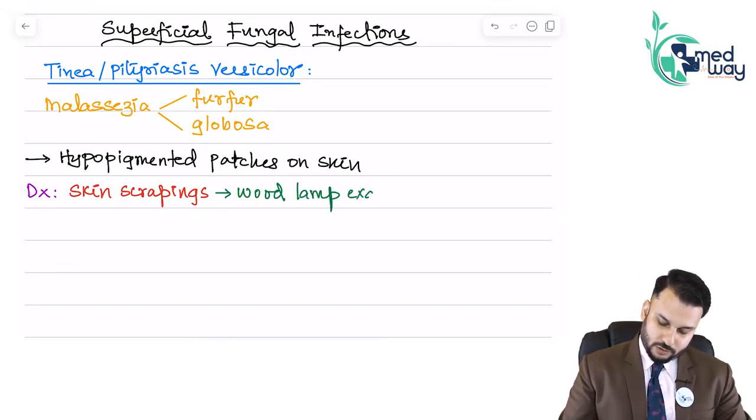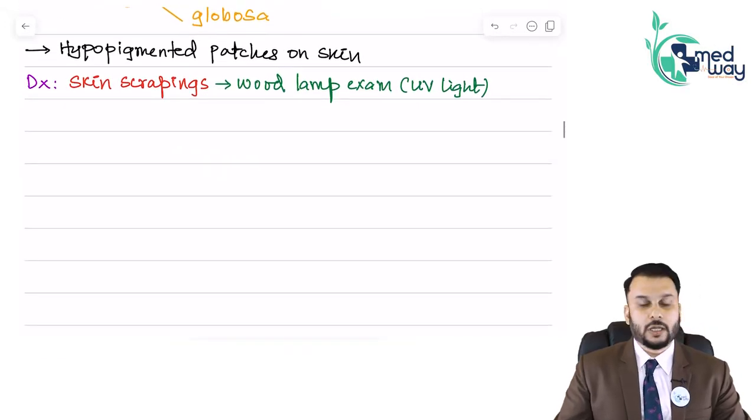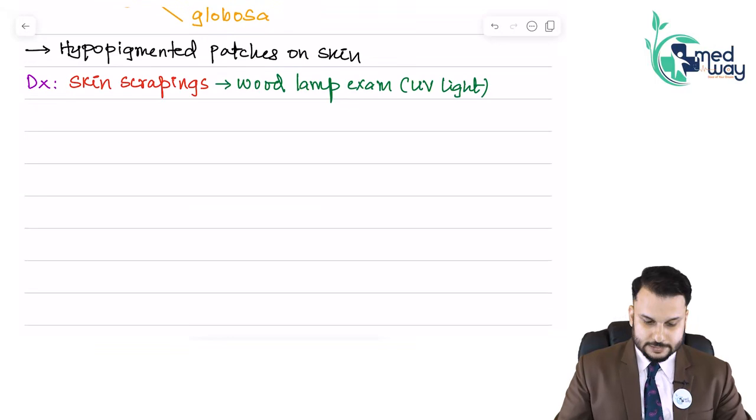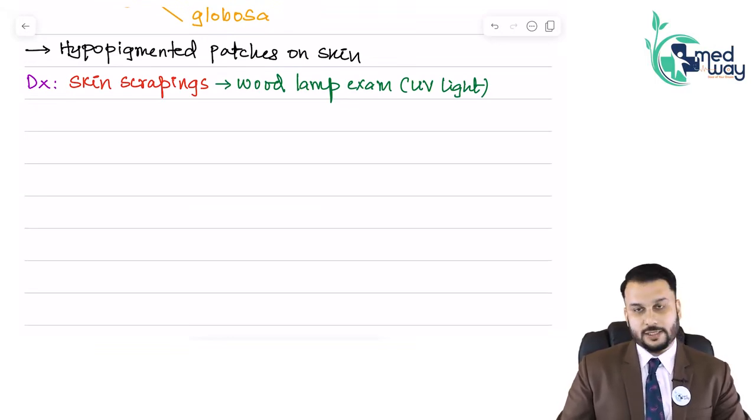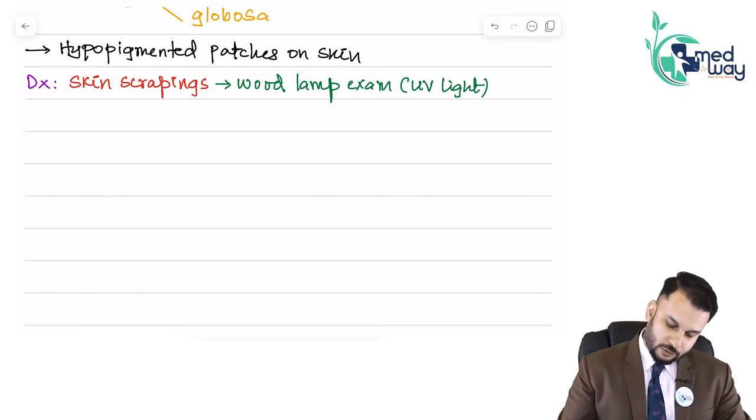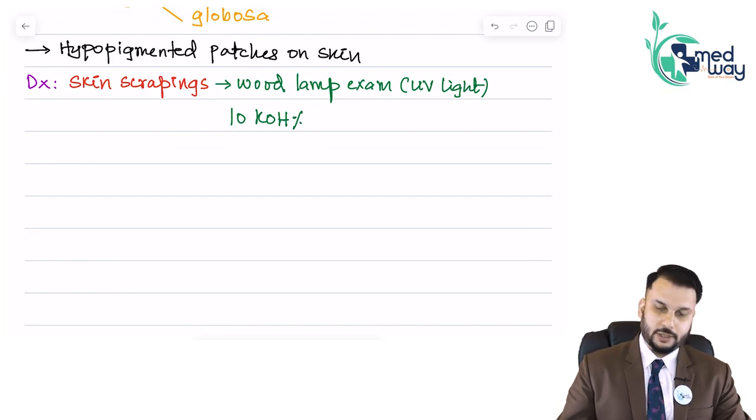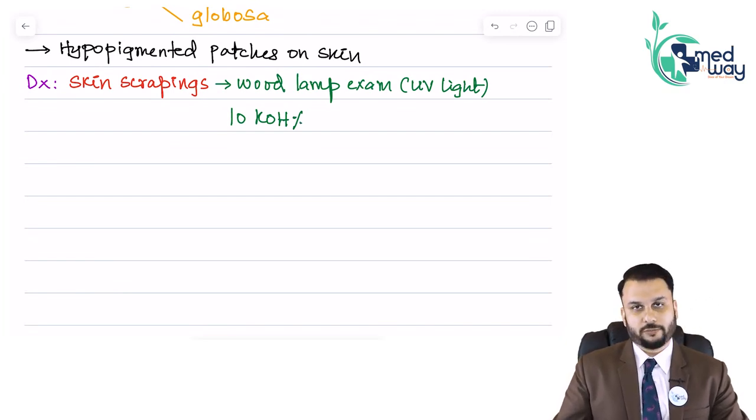This wood lamp exam is done under the presence of UV light. All right. Next, what else can I do with this? I can actually use 10% potassium hydroxide. Okay. So the second thing I'm able to use here is called 10% potassium hydroxide. Fine.